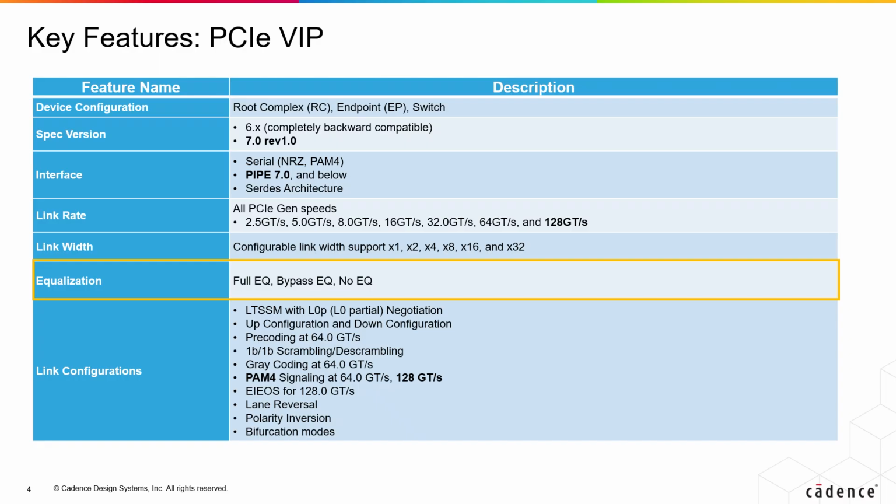During link initialization, Cadence link configuration can perform the following main operations: LTSSM with L0 partial negotiation, up configuration and down configuration options, pre-coding at 64 gigatransfers per second, 1B by 1B scrambling, descrambling, gray coding at 64 gigatransfers per second, PAM4 signaling at 64 and 128 gigatransfers per second, EIEOS for 128 gigatransfers per second.